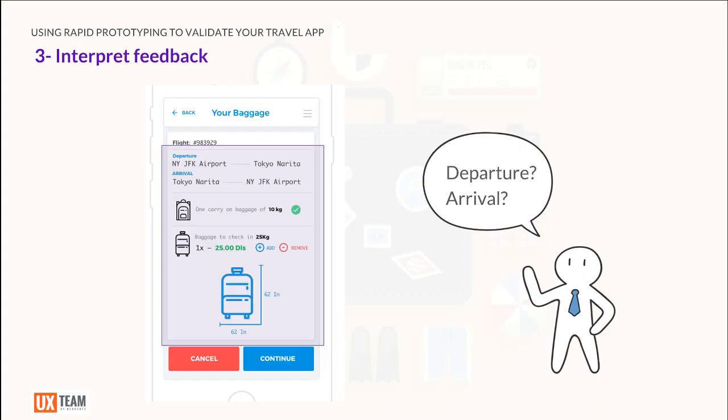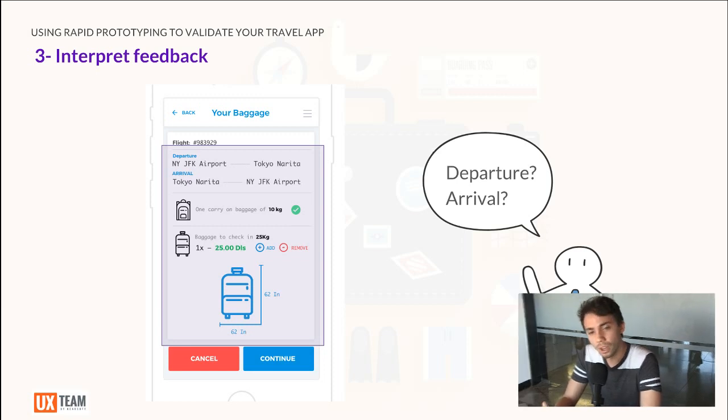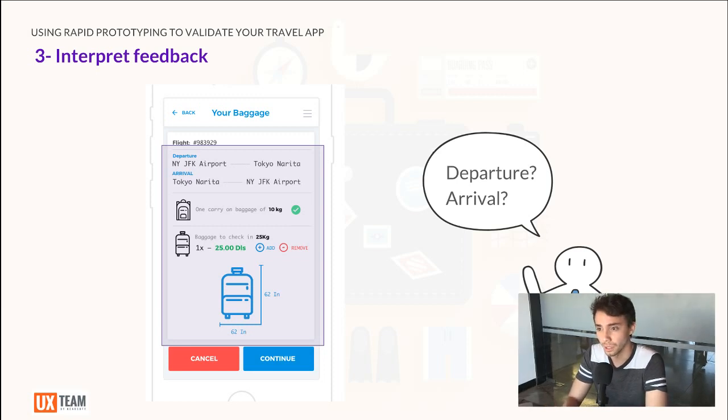So let's see our mock here. Here we can see that there is some confusing information. What is confusing? Well, apparently 4 of the 5 users that we interviewed said something like, "Oh, I don't know if I'm going to buy the baggage for the arrival or the departure time."